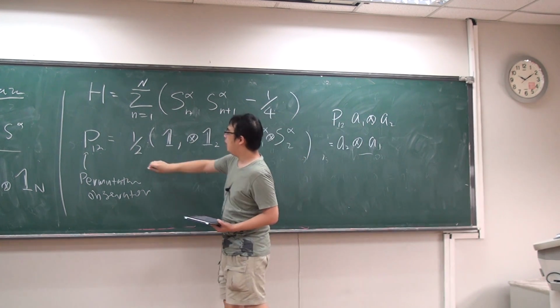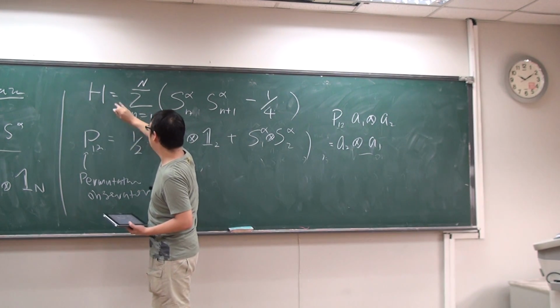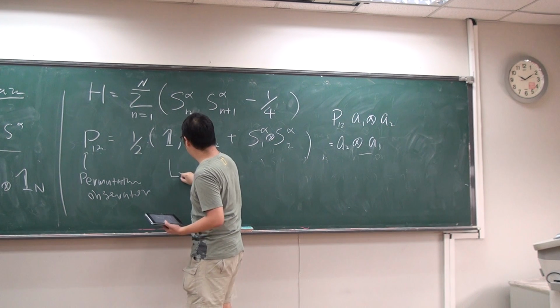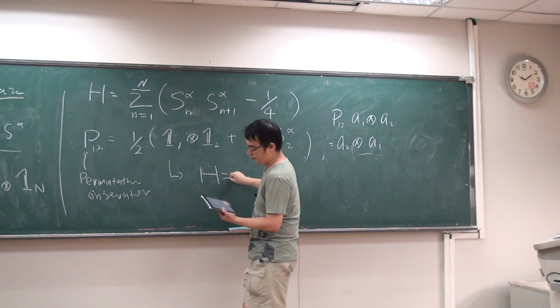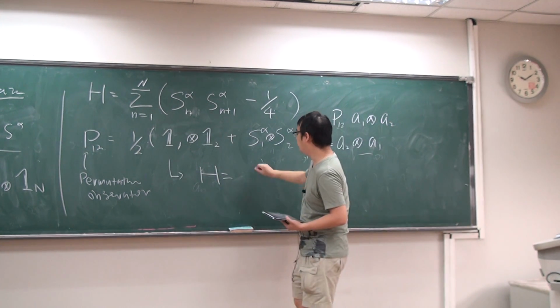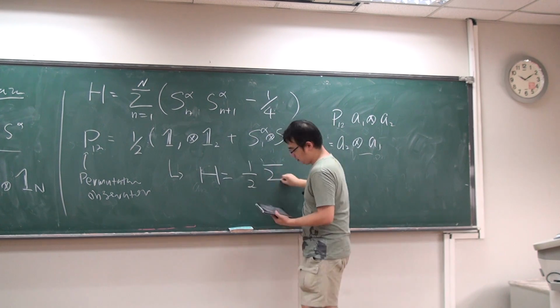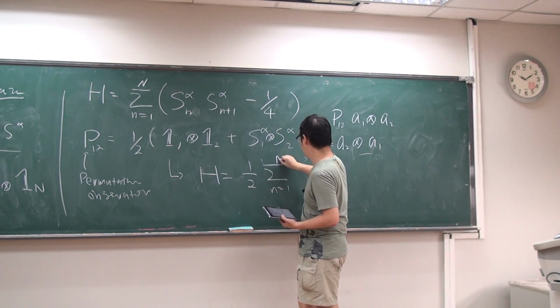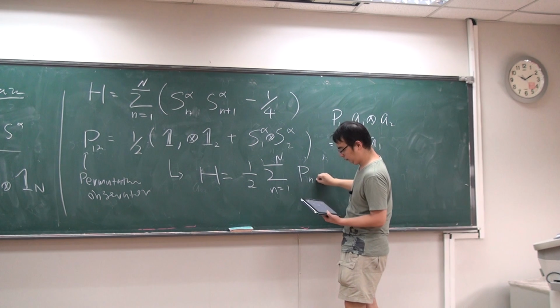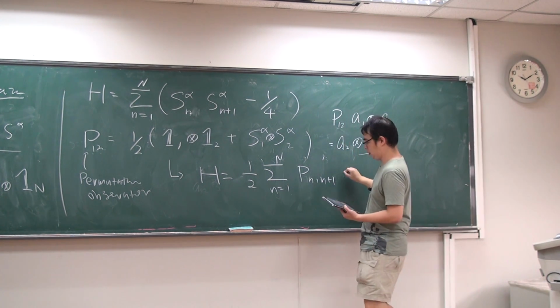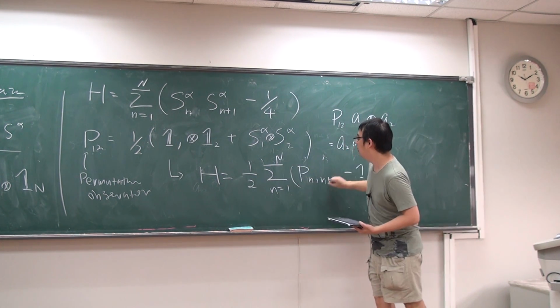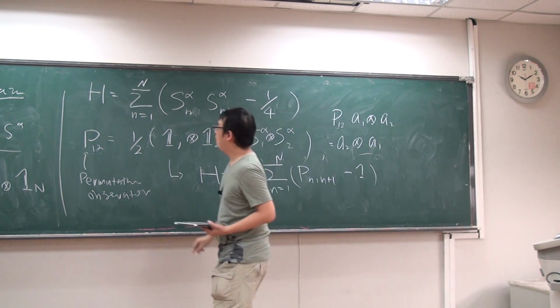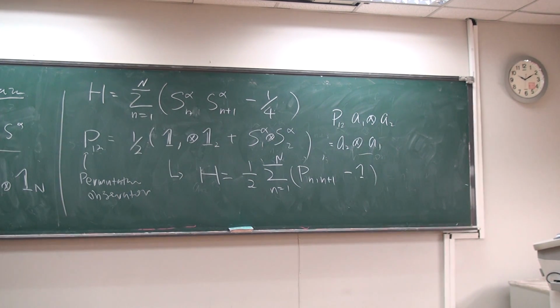But if you compare the permutation operator with the Hamiltonian, you realize that the Hamiltonian, on the other hand, can actually be written as minus 1. So basically, what the Hamiltonian actually does is simply interchange the neighboring spin states.